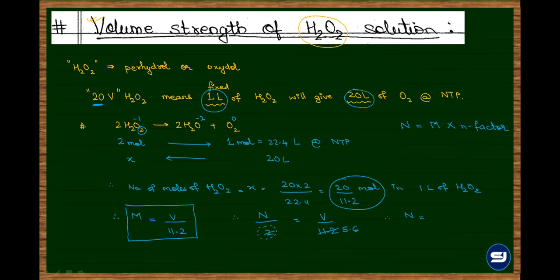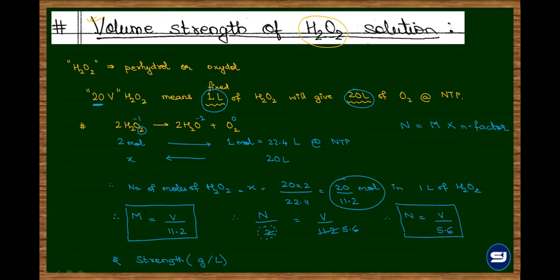And second formula, normality, if asked, simply divide the volume strength by 5.6. Is the formula clear? Yes, sir. And third, they can ask you the strength. Now strength का मतलब होता है ग्राम per liter. Molarity is mole per liter, but strength is simply the molarity expressed in weight per liter.